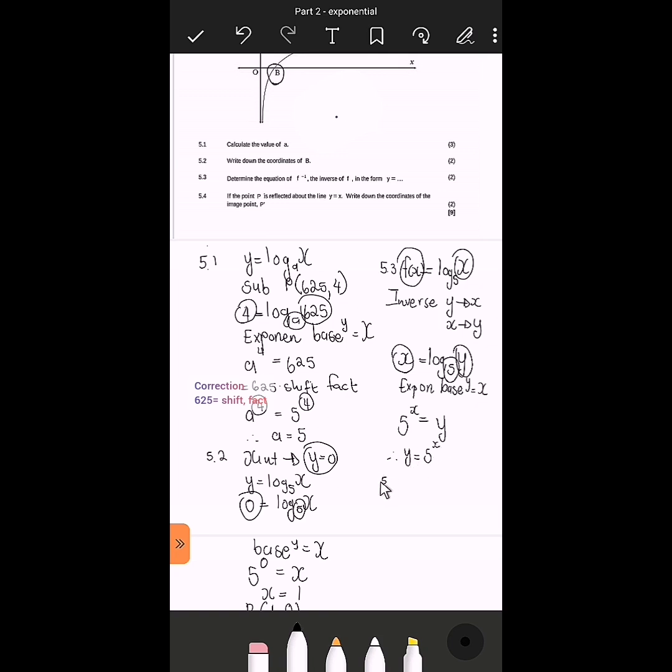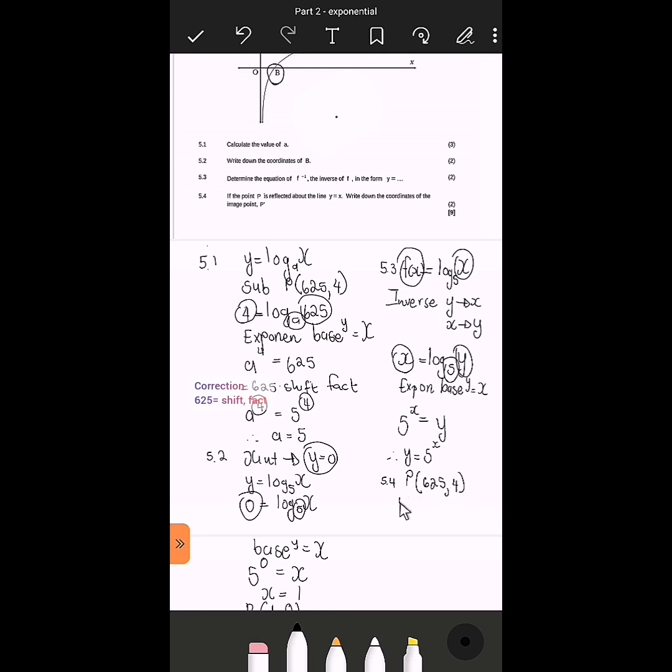Next is 5.4, which reads, if the point P is reflected about the line y equals x, write down the coordinates of the image point of P. So the original P is (625; 4).